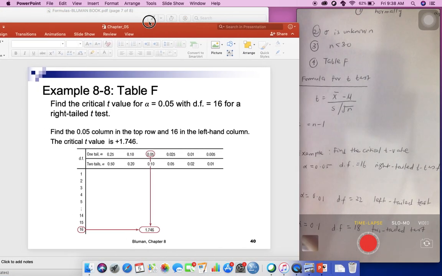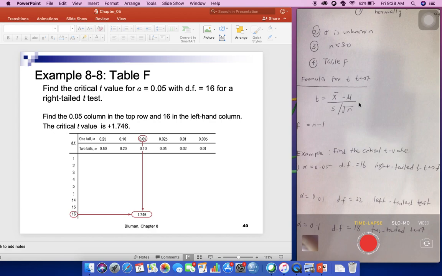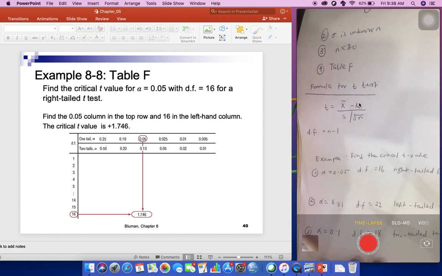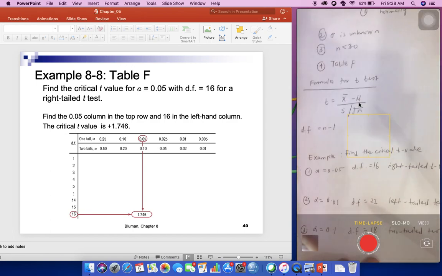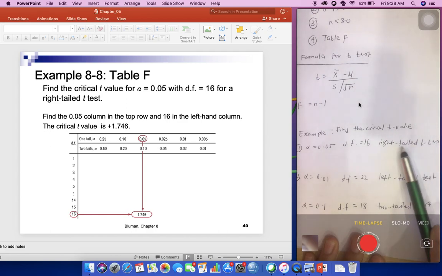Let's see the first example. Find the critical t-value. For the t-value, it's the same as for the z-value. We have three types of critical value: right tail, left tail, and two tail.